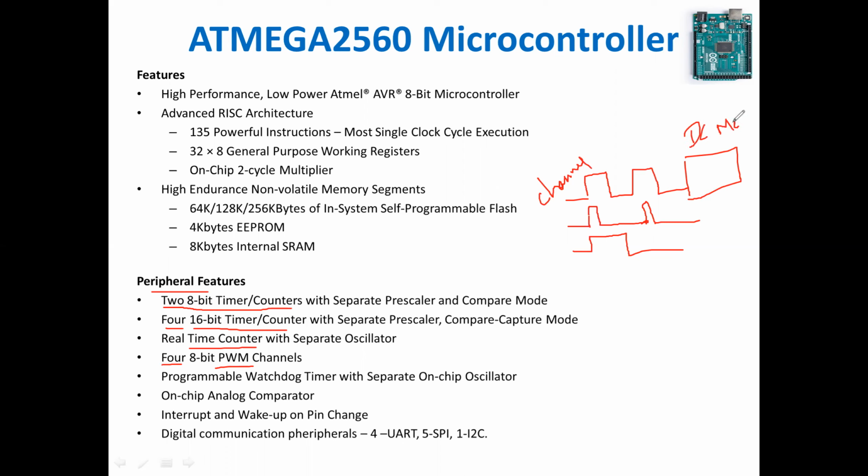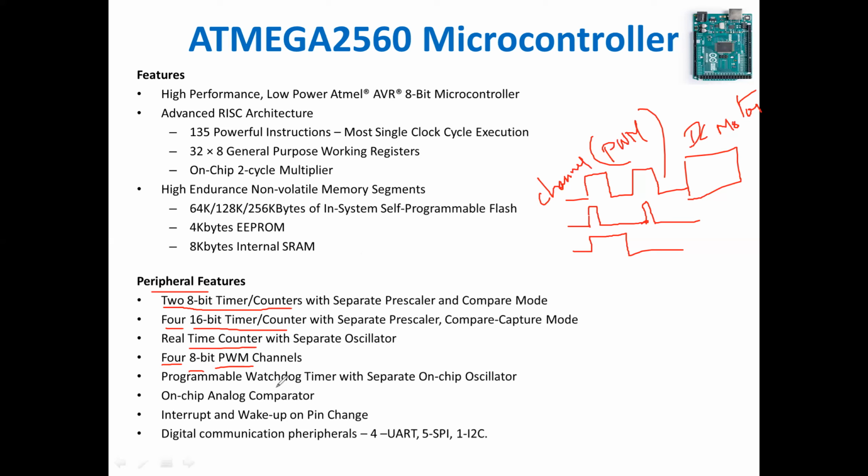Some 12-volt DC motor you can control by using these PWM techniques. Or for exciting some electronic devices, you can also provide PWM outside of the microcontroller. That is also possible. So altogether we have around 8 channels of PWM.